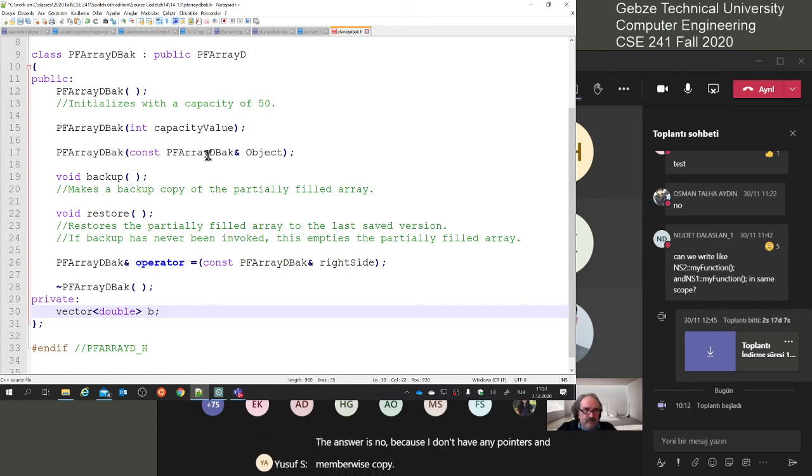A vector can assign to another vector without overloading. Yeah, member-wise copy with the vector is okay because the vectors know how to assign themselves. We don't have to. Okay, good.